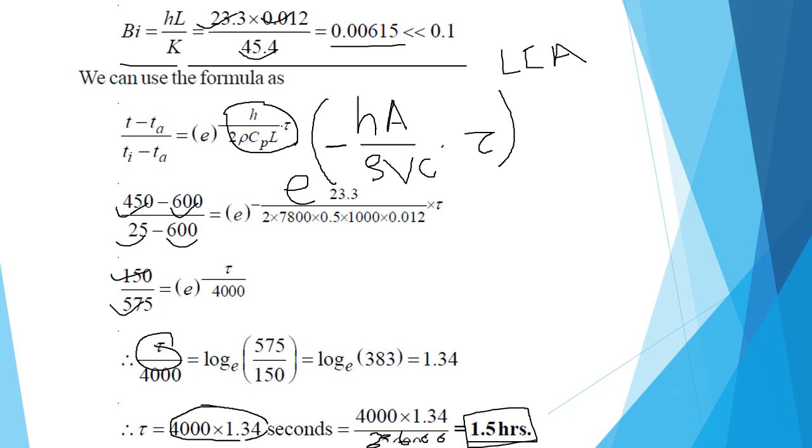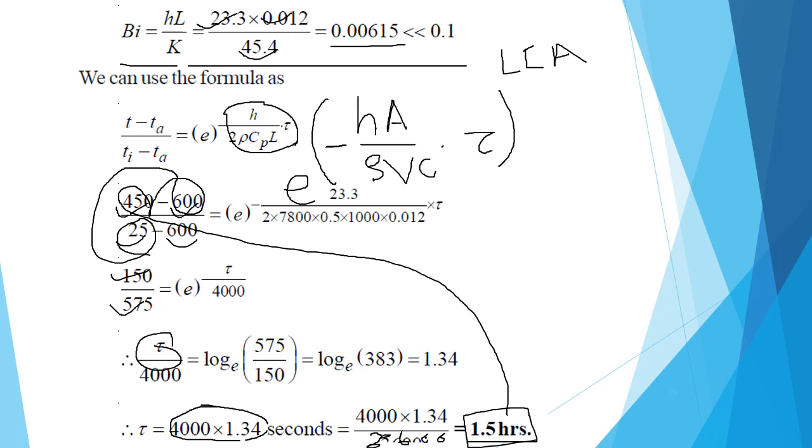So after 1.5 hours we will get the temperature 450 in the furnace, where initially the plate was at 25 degrees Celsius. This was nothing but an application which is very much helpful in the industry where we want to go for heating of the metallic plate.